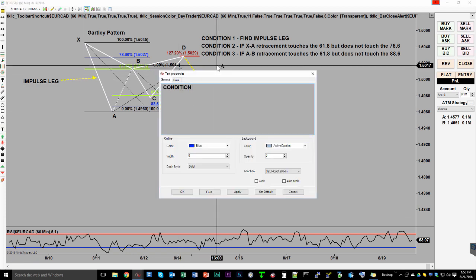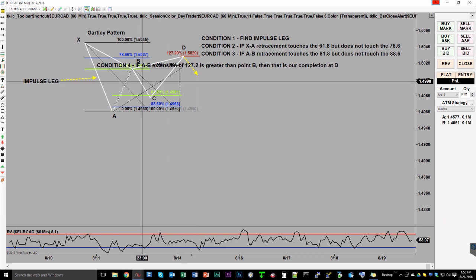Condition 4, if the A to B extension of 127.2 is greater than point B, then that is our completion at D. Okay, that's it. That's our final condition.